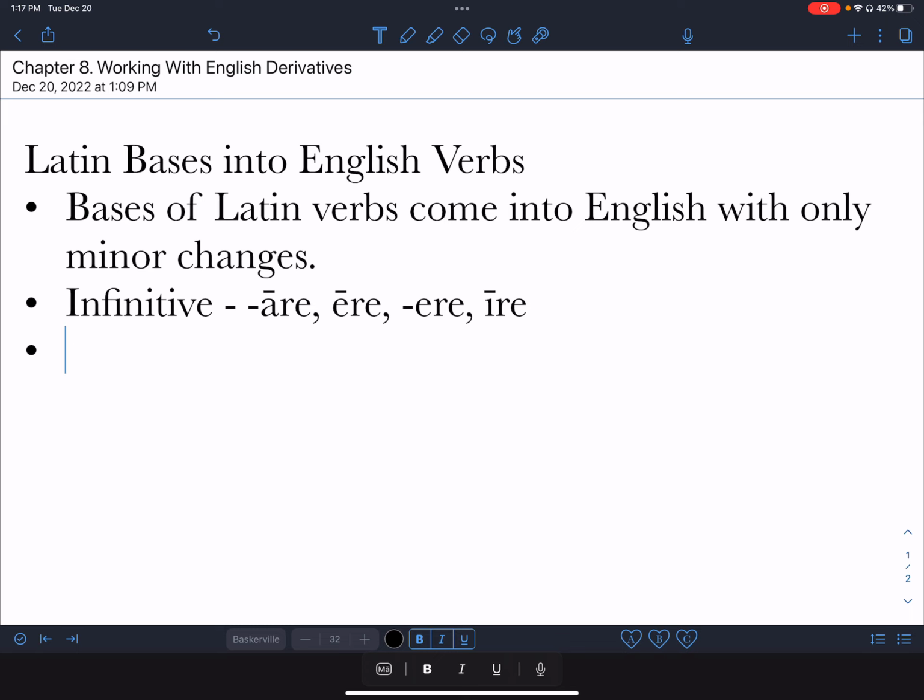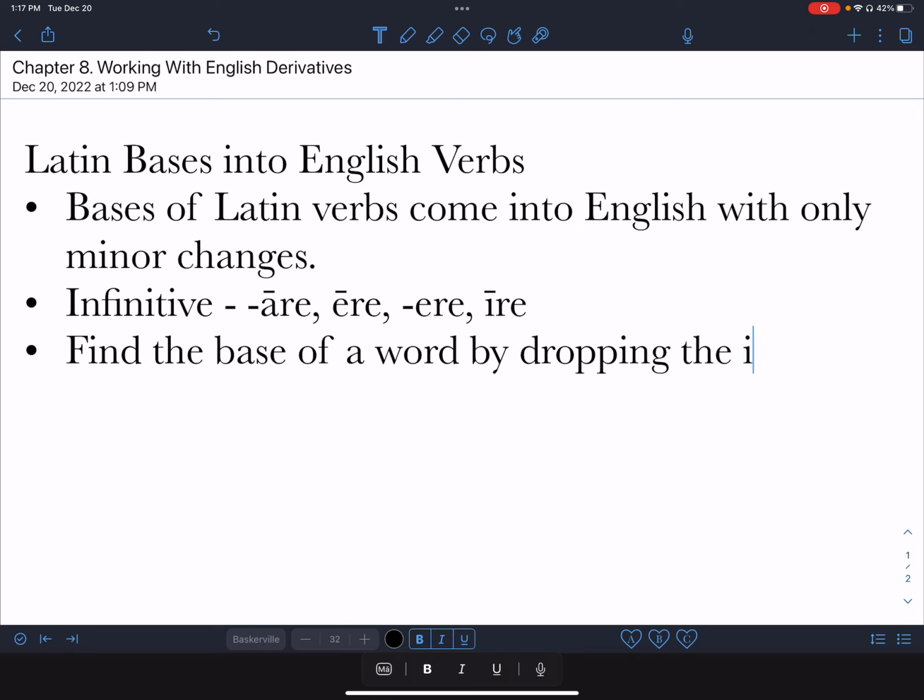Now, what's nice about these is that you can find the base by dropping these. Yes. Okay.